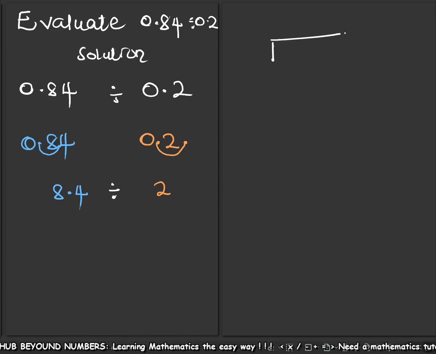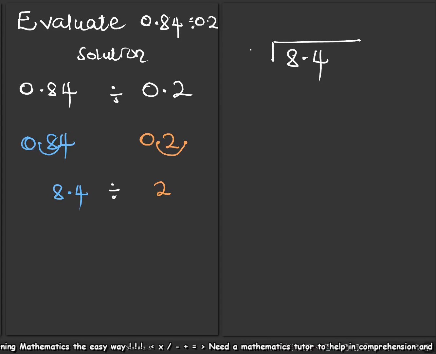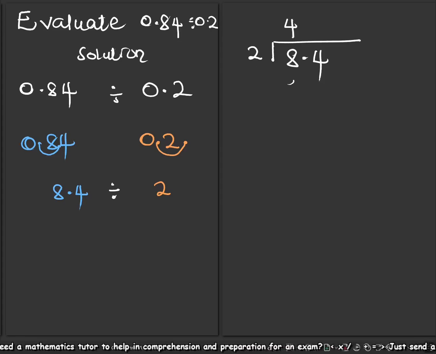So as usual, we have a long division symbol here, with our dividend inside and the divisor outside. We divide one step after the other, just like normal long division. So 2 divides 8 four times, hence 2 times 4 gives us an 8. If we subtract, we have nothing. And we come to the decimal point, so it comes right above where it is.